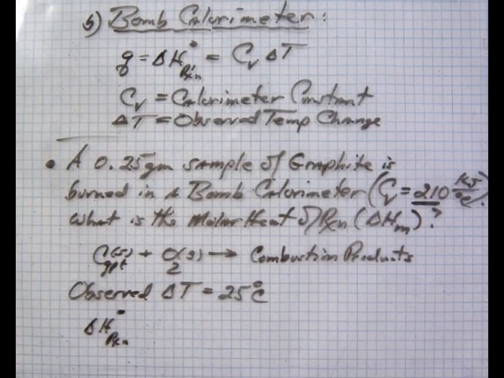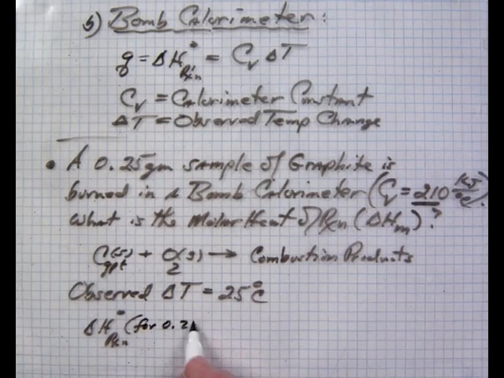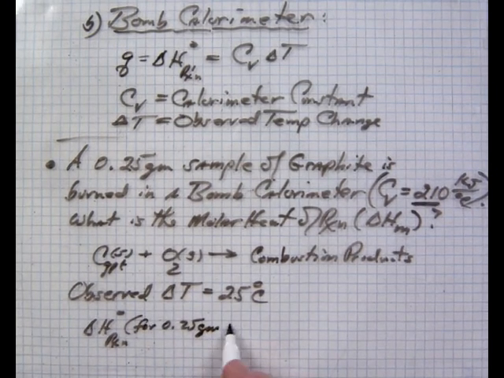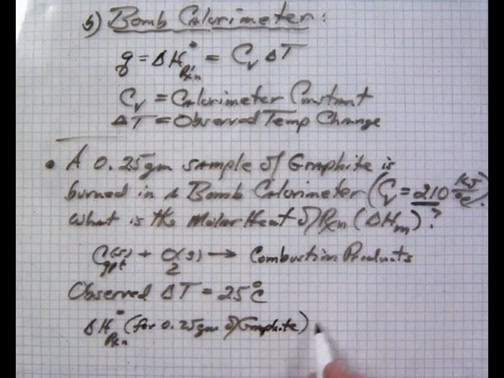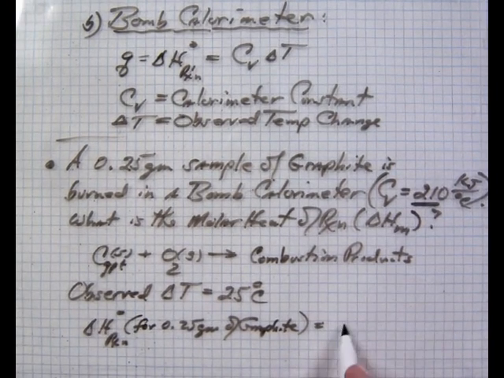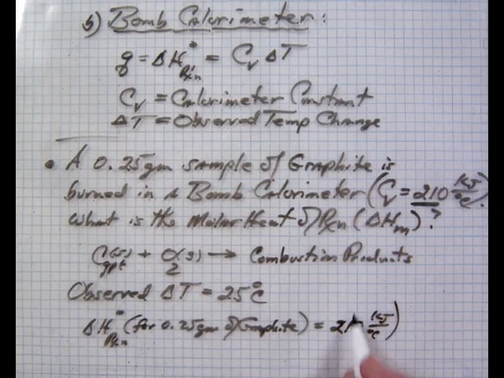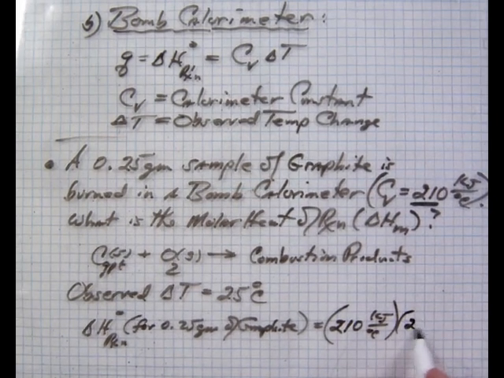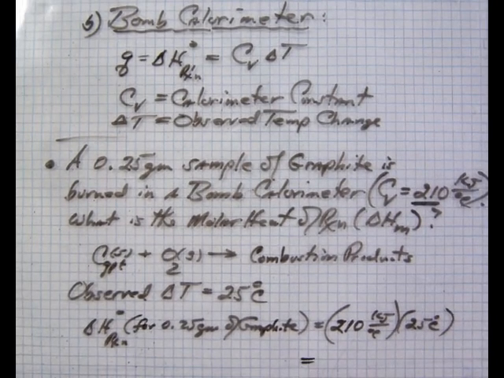But what you need to note here, and that's why I'm doing this, this is for 0.25 grams of graphite, which is C sub V, which is 210 kilojoules per degree Celsius, times the 25 degrees Celsius, and so I've got a big number here.